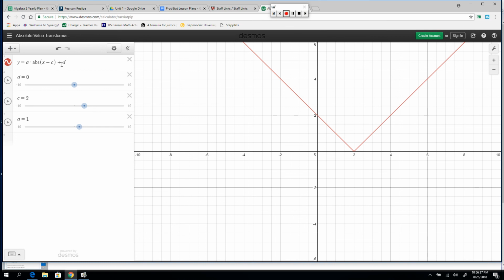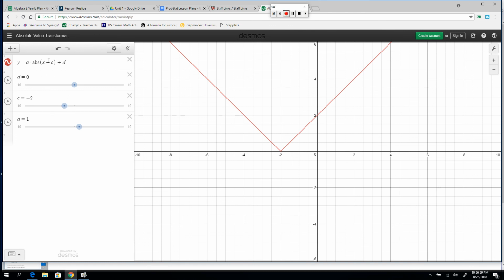Whenever a value here increases, we move up, however many steps we put. What if we slide the variable c back to negative 2? That's right, it goes left 2 spaces. So a positive c, in this format, if c is positive, it goes right. If c is negative, it goes left.